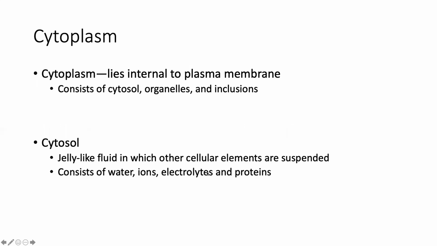Now let's talk about the cytoplasm. As we saw from the previous diagrams, it is the space inside the plasma membrane. It consists of the fluid base, which is called cytosol, and organelles, the small little organs of the cells, and inclusion bodies.